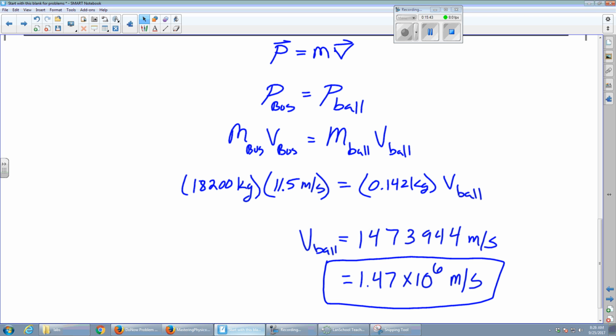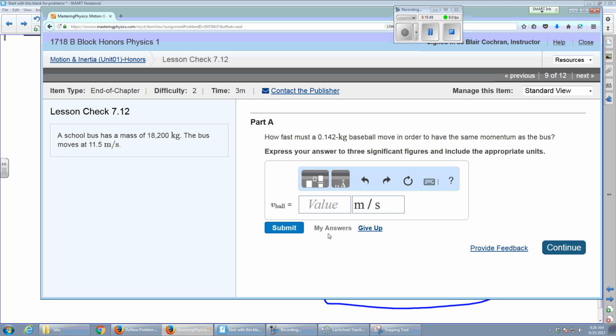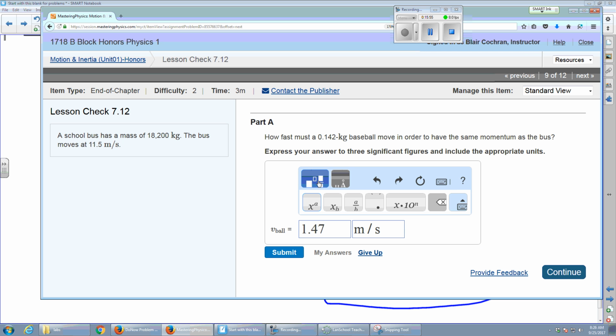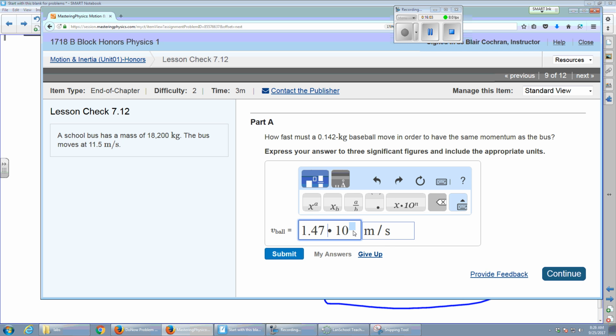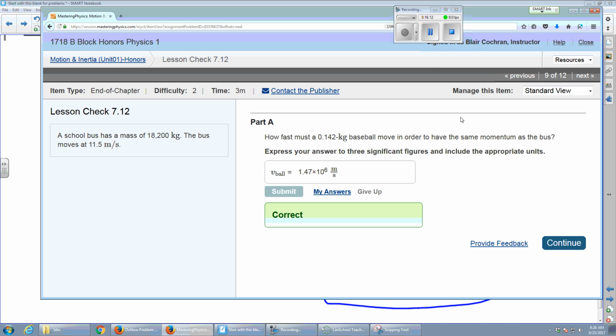Let's see if I got it right. 1.47, then I'm going to use their helper here, times 10 to the 6th. Yay!